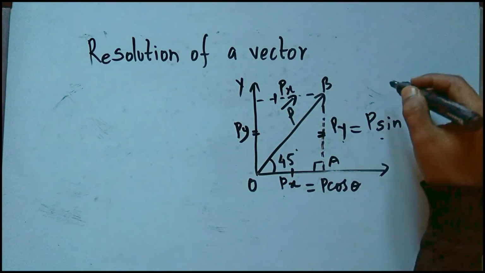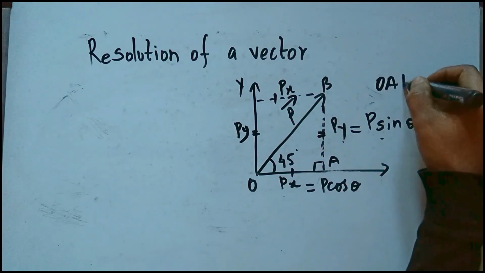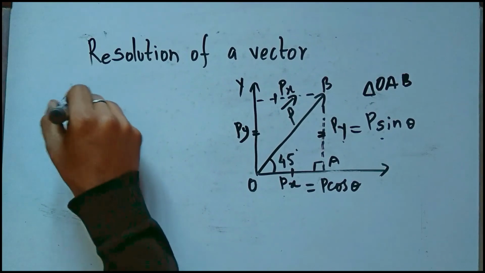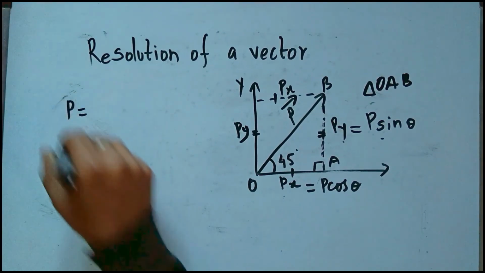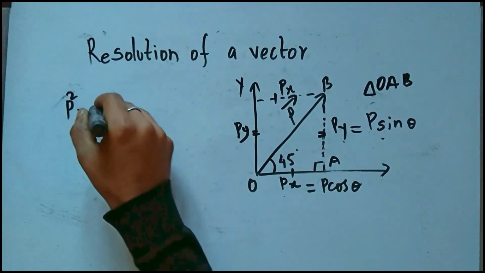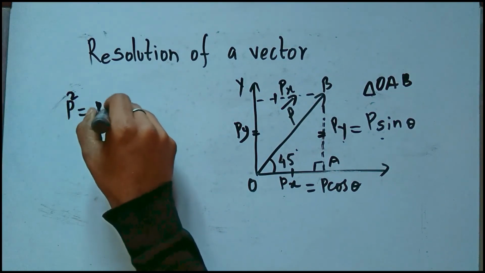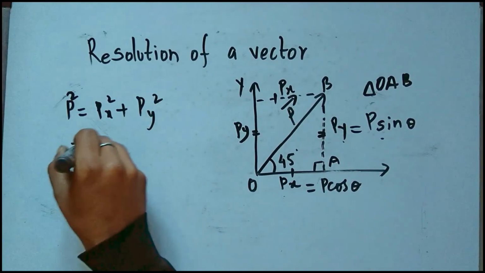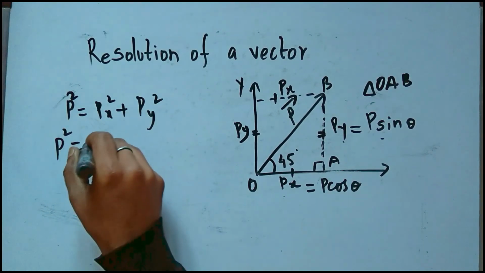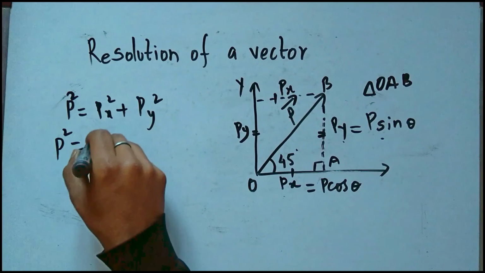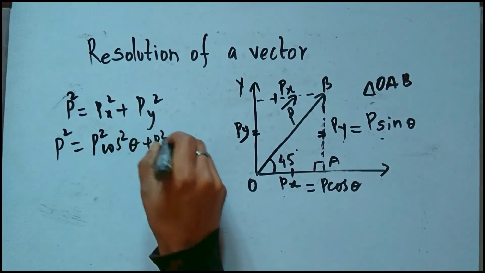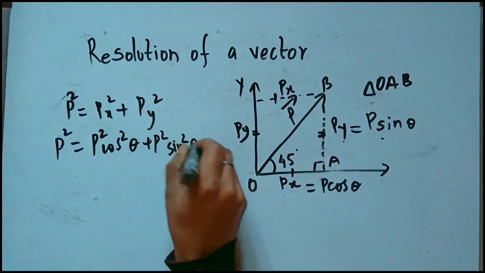Now if we see in the same triangle OAB, P square is equal to Px square plus Py square, which is P square equal to P square cos square theta plus P square sin square theta.